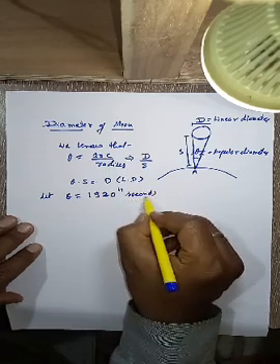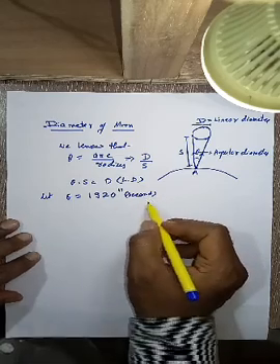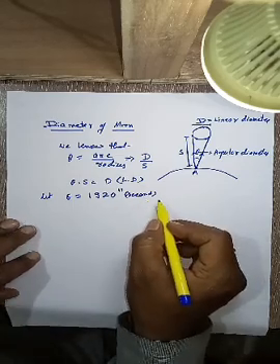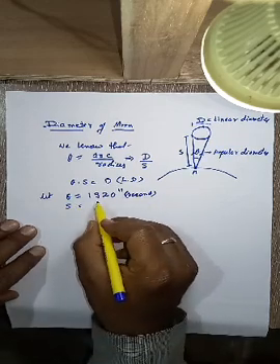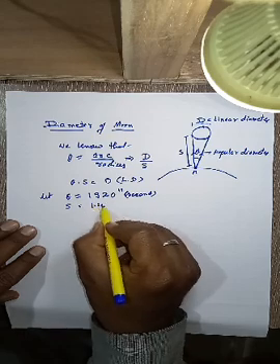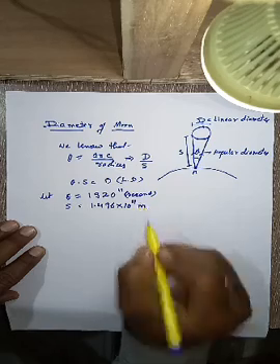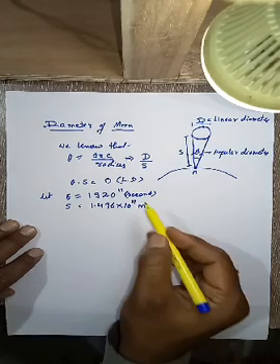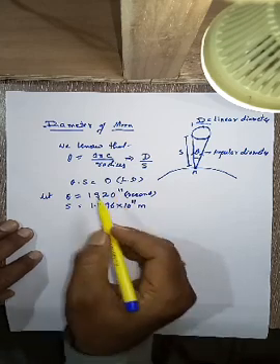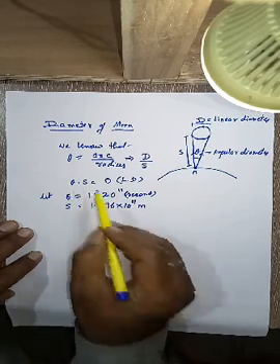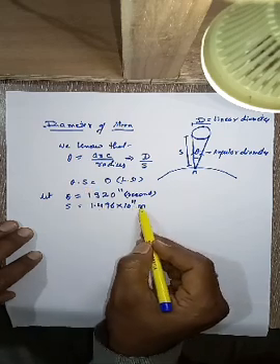This is the practical unit of small angle, second. And distance s has also been given as 1.496 into 10 to the power 11 meter. So we can easily put the values in place of theta 1920 and in place of s 1.496 into 10 to the power 11 meter.